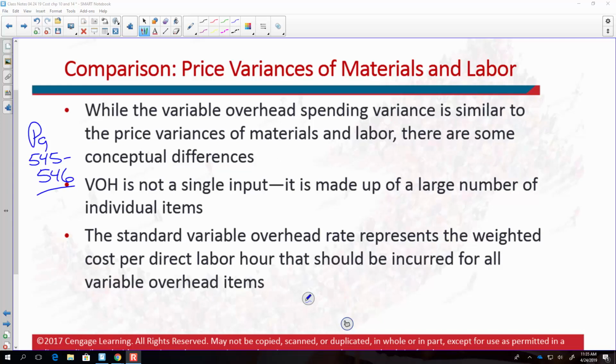One thing that I like to point out, remember, variable overhead is not a single input. There's a lot of things that make up variable overhead, and that's what makes it so difficult to budget for, because of those numerous items, and so many factors can change that amount depending on what the item is.